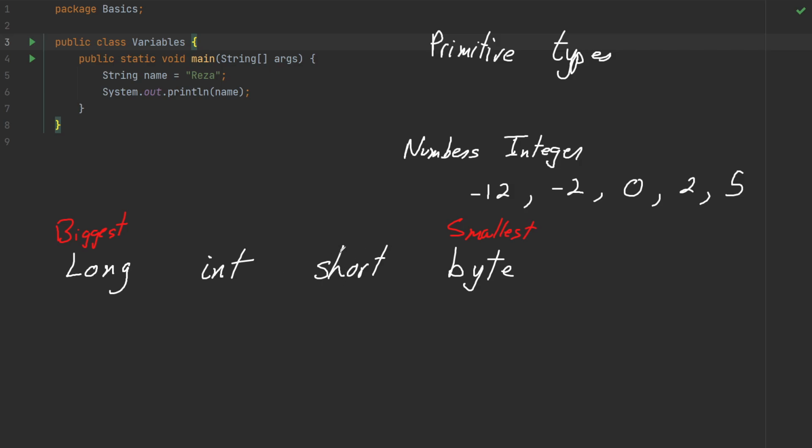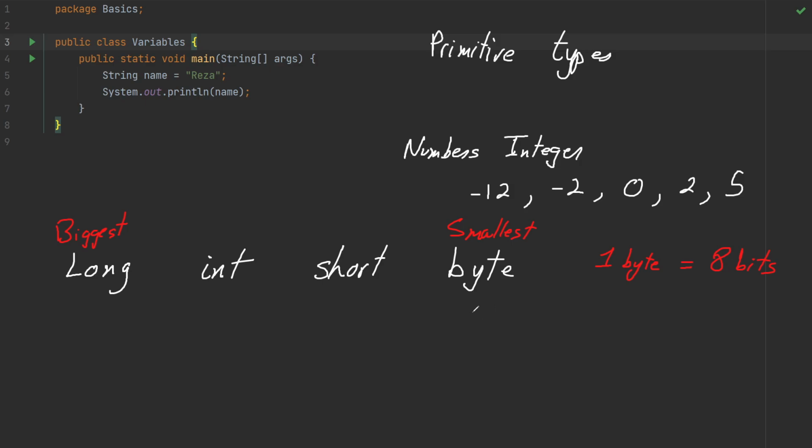Again, remember the amount of bits that we've utilized before? You got to know, if you don't know, that every 1 byte equals 8 bits. So 1 byte here is the smallest integer type that I have inside Java as a primitive type.